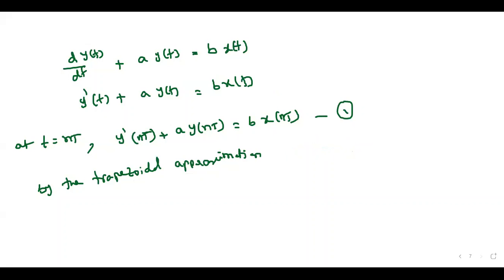Basically, any continuous function y(t) can be written as the integral within the limits t naught to t of y dash of tau d tau, plus y of t naught. So it is the summation of all the points of derivative terms including its initial value. So that is y(t).